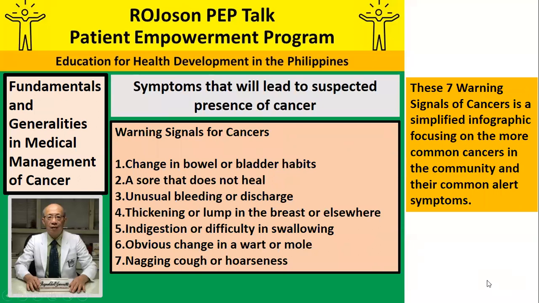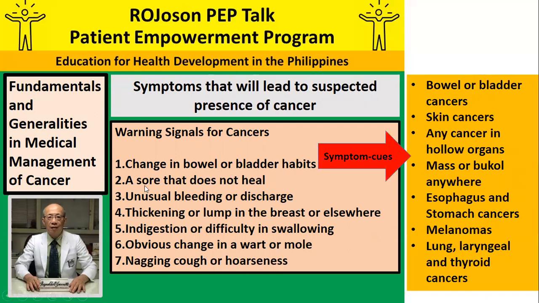These 7 warning signals of cancer are a simplified infographic focusing on the more common cancers in the community and their common alert symptoms. Change in bowel or bladder habits: this could be a symptom cue for bladder and bowel cancers.